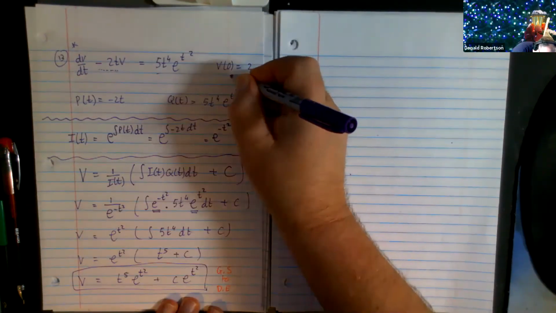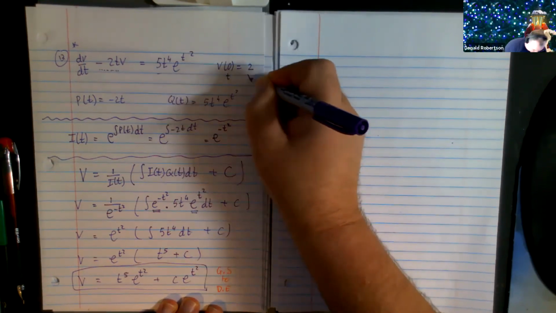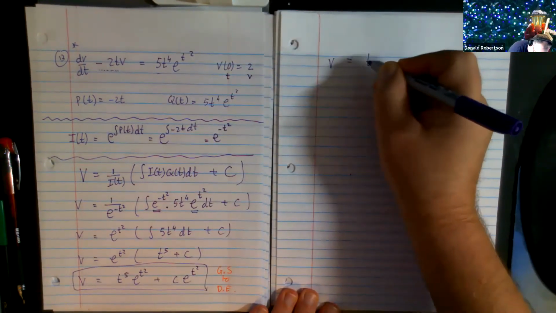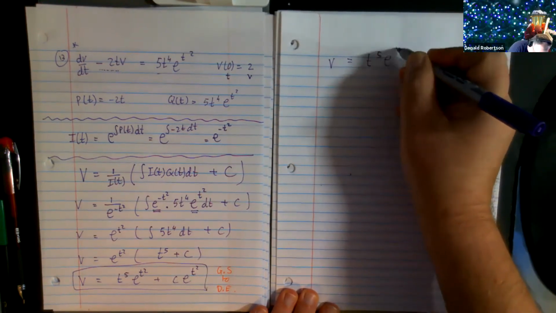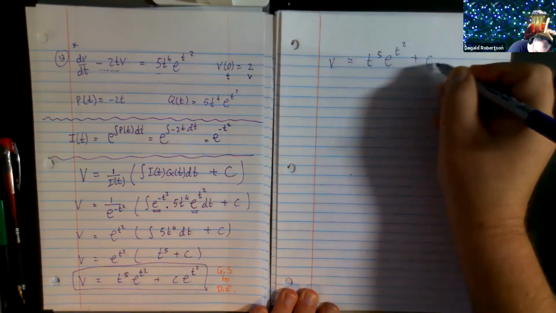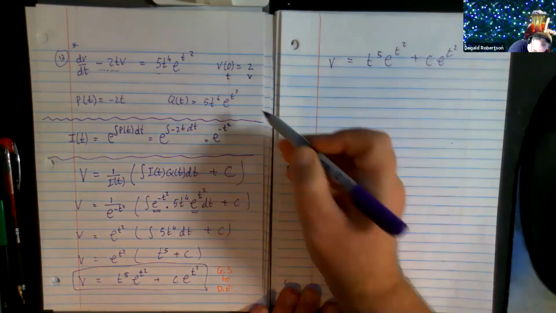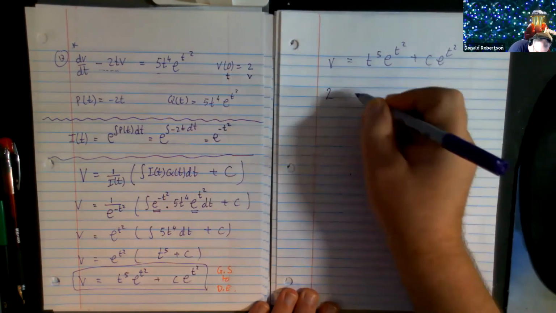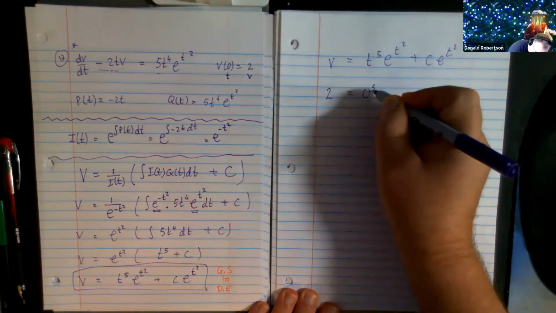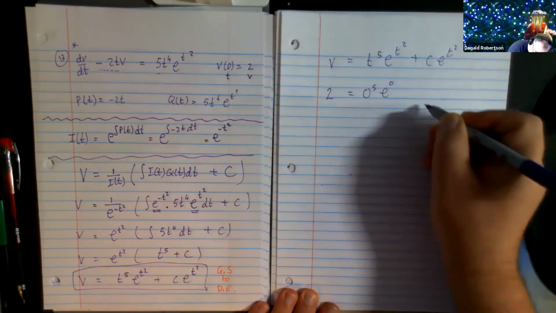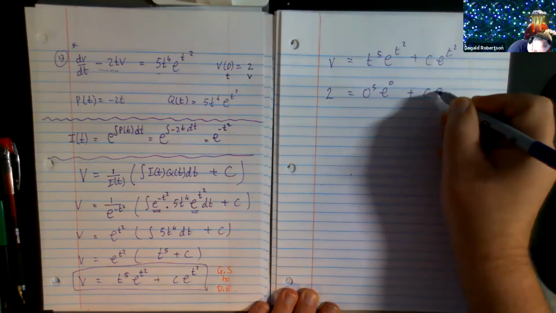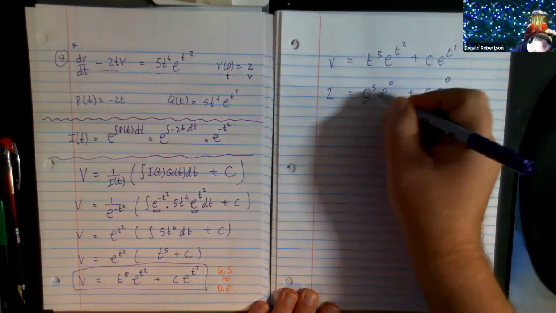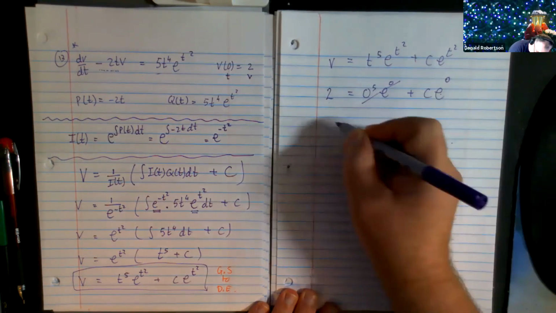You're telling me that when t equals 0, v equals 2. So I have this guy. And when I make t equals 0, v equals 2, so 2 goes there. It's 0 to the power of 5, e to the power of 0, plus c times e to the power of 0. That is gone. That's 1.